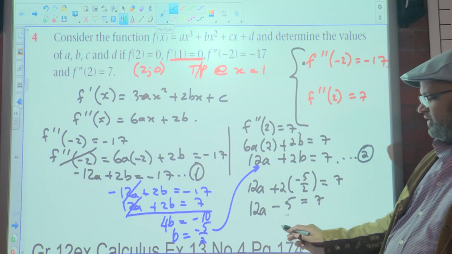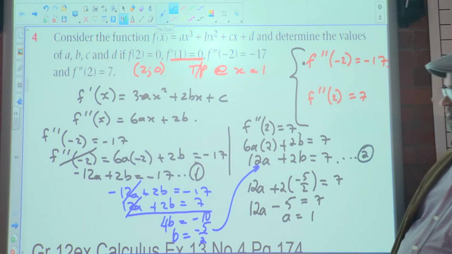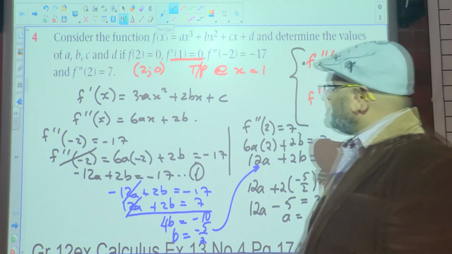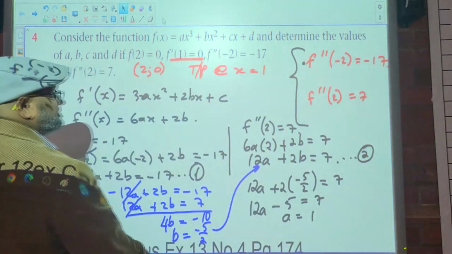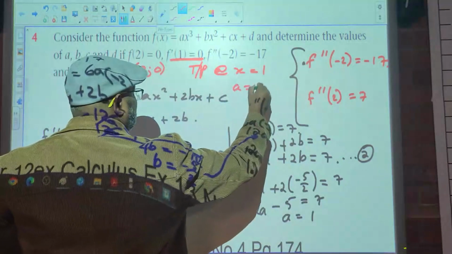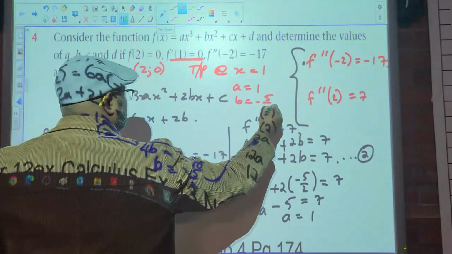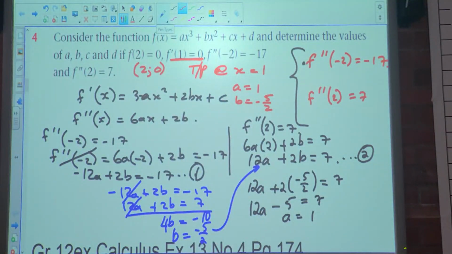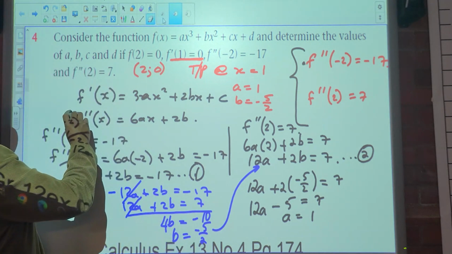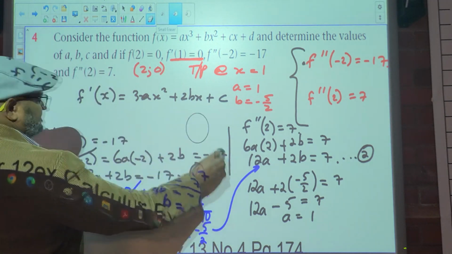You take that over, and a gives you an answer of 1. So a is equal to 1 and b is equal to negative 5 over 2. Okay. I just need to clear this board here.